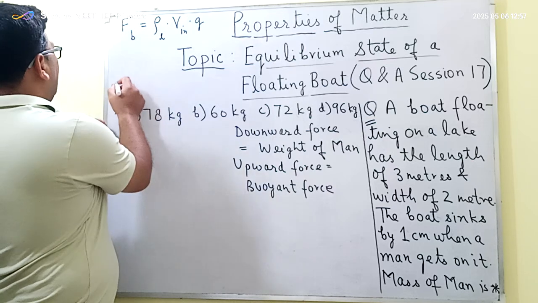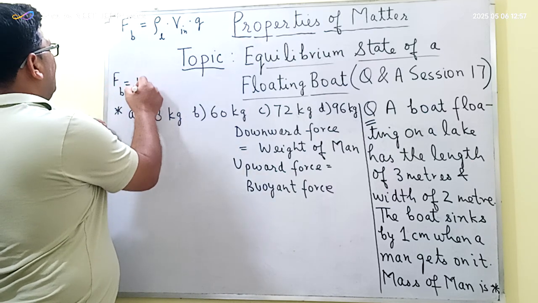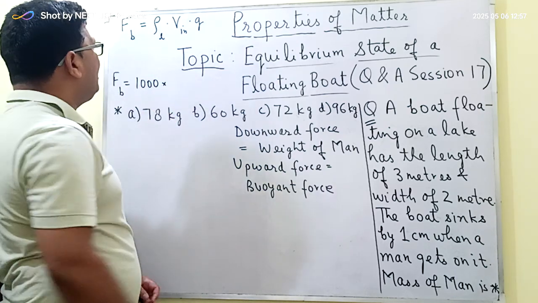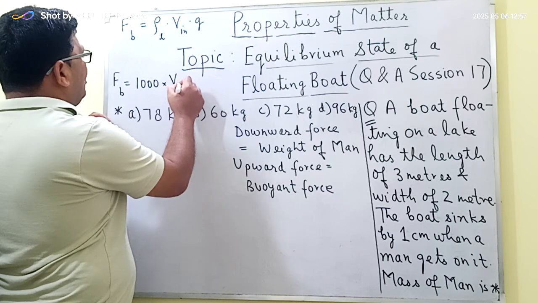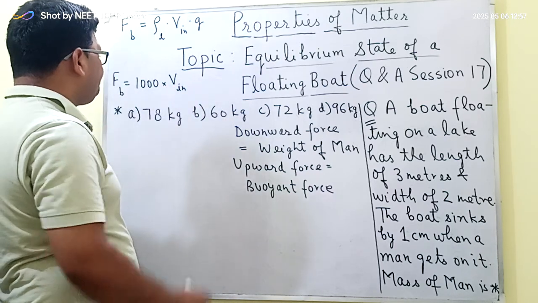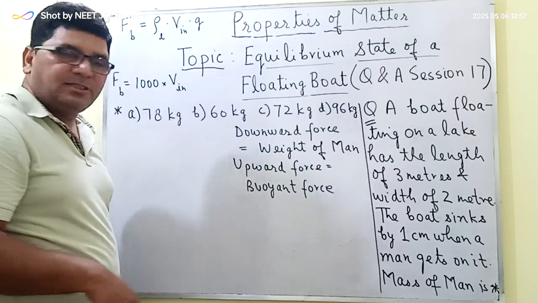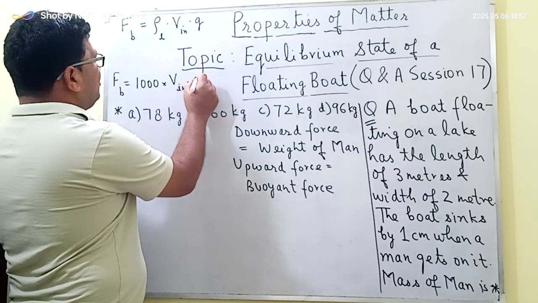So from here the buoyant force FB will be equal to, the density of the water is equal to 1000 kg per cubic meter, now here we have to find the value of the volume of the boat which is inside the water, multiplied by the acceleration due to gravity.